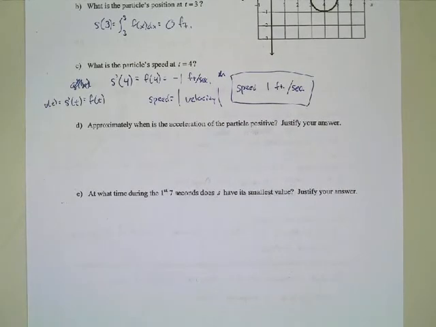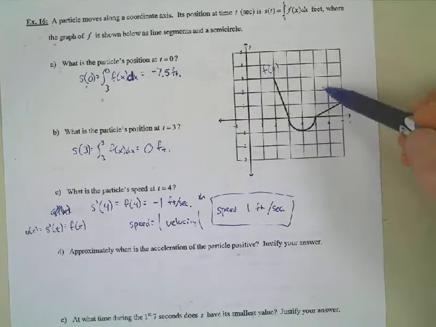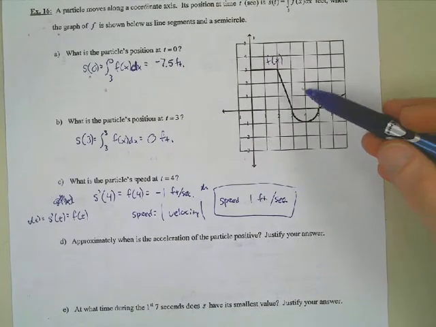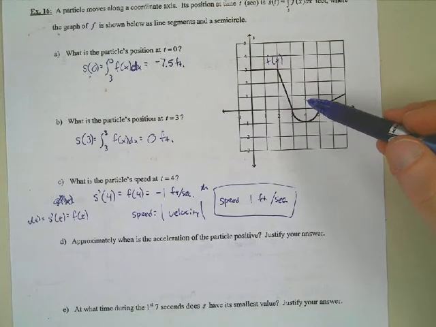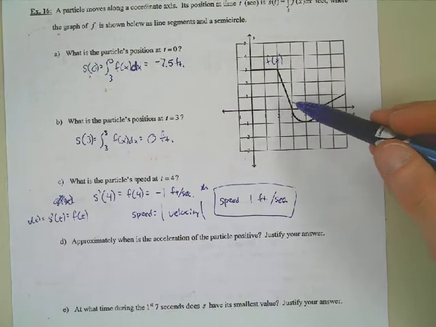We want to know when the acceleration of the particle is positive. When the graph is increasing, yes, very good. Exactly, because this is like the velocity. If the acceleration is positive, that means the velocity will be increasing. So what's the interval here then?